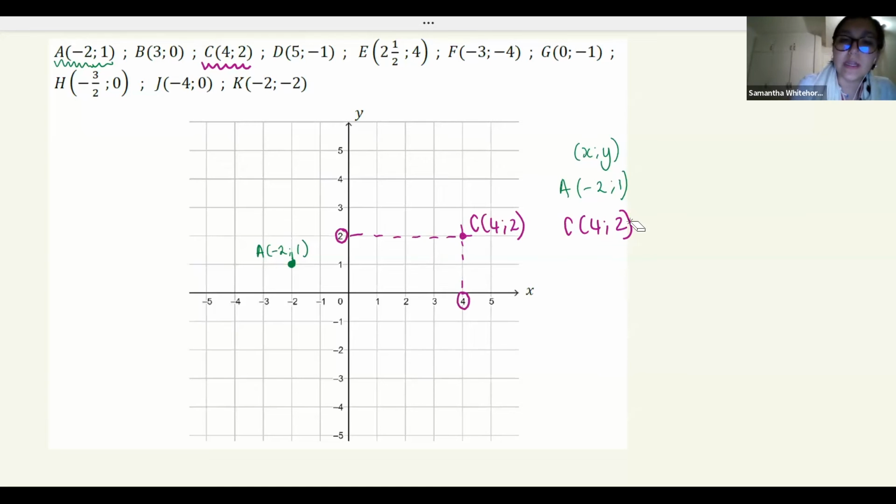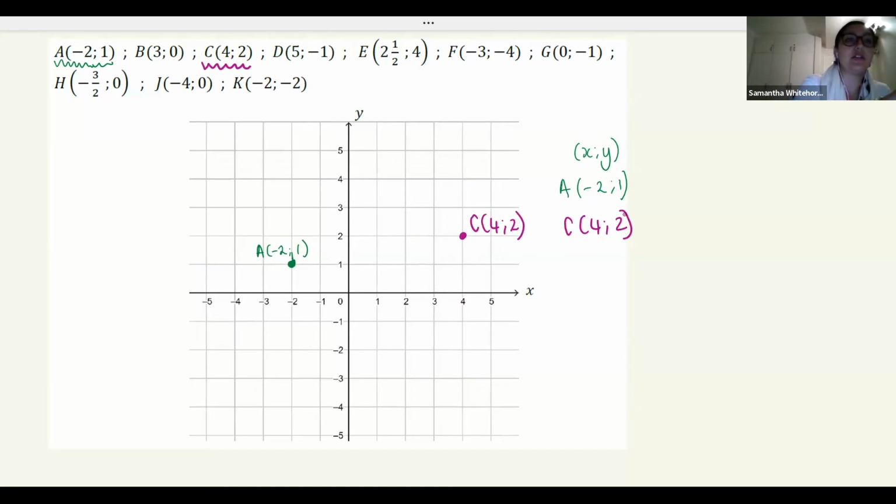Now we don't draw in the dotted lines, we just plot the little point. If you need to draw in pencil the dotted lines to get the point accurate, by all means do that, but all we actually want to see is the point.